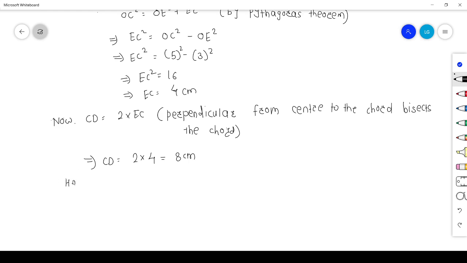Hence the length of the chord is 8 centimeters. From the available options, we have option C as 8 centimeters.